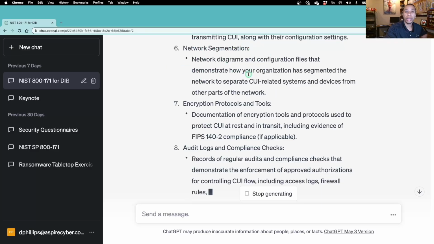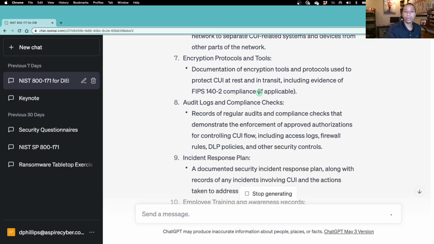Next, network segmentation. Do we have a flat network where everyone on the network can access everything, every system, or is it segmented? We need to be able to show that in our network diagrams and configuration files. What are the encrypted protocols and tools?